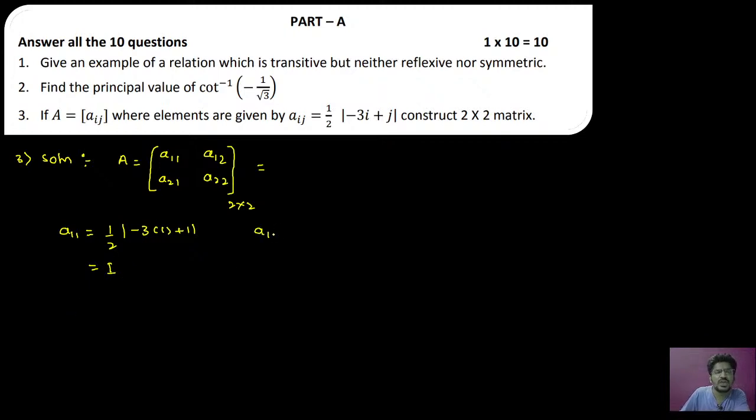Next you can go for A12. That will be 1 by 2 times mod of minus 3 into 1 plus 2. So you can simplify it. That will be 1 by 2, minus 3 into 1 is minus 3. Minus 3 plus 2 is minus 1. Mod of minus 1 is plus 1. So here your answer will be 1 by 2.